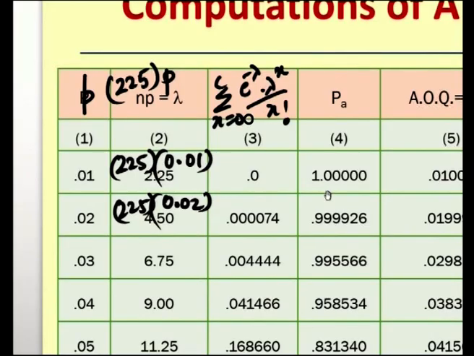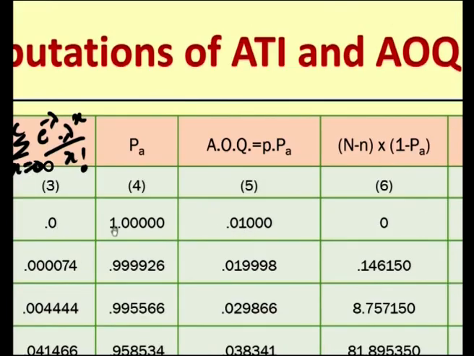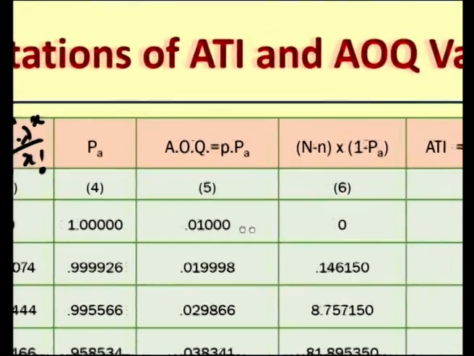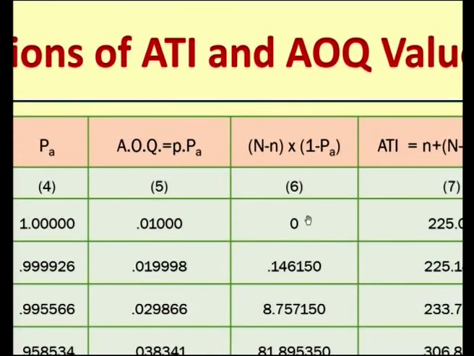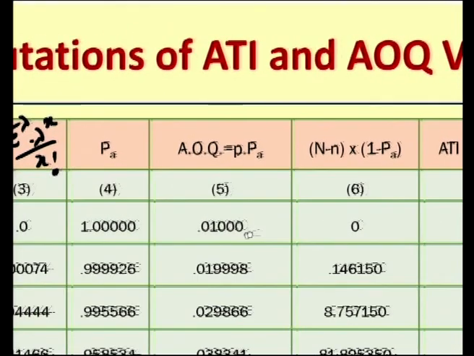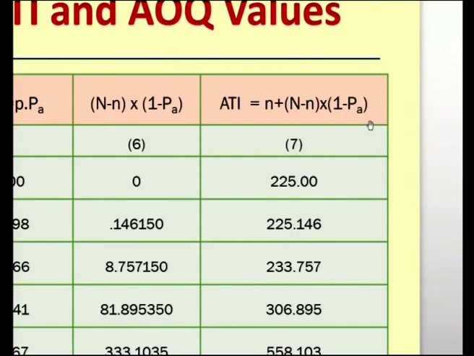P is 0.01 into 1, so that is 0.01. Then n plus (N minus n) into (1 minus PA), because capital N is 2200 and small n is 225 and PA is 1, therefore 1 minus 1 happens to be 0 here. Next we have n plus (N minus n) into (1 minus PA).